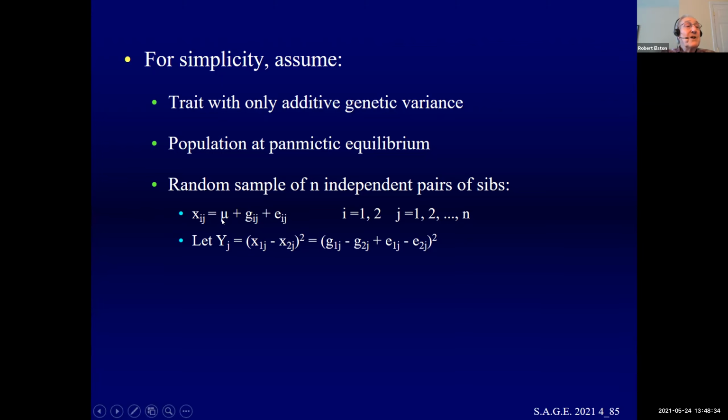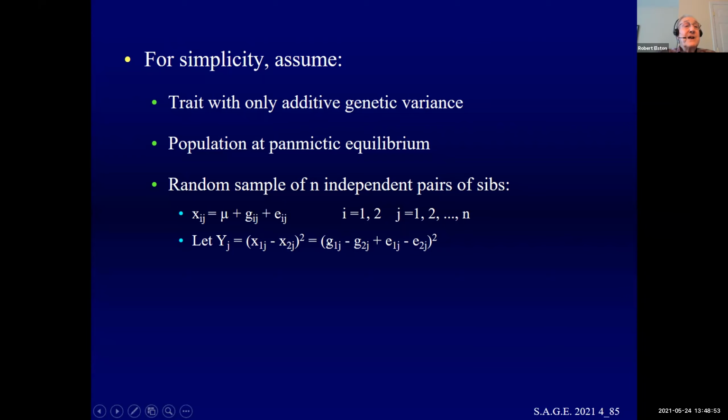Okay, so we're assuming that's basically a mean plus some genetic effect plus whatever's left over. So let Yj be the difference between these 2 squared.